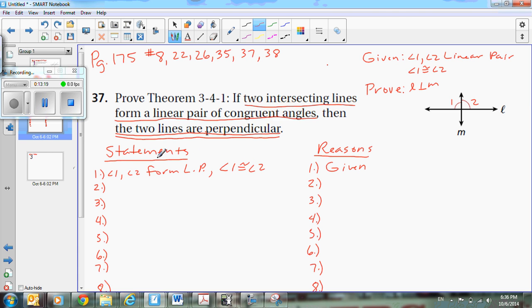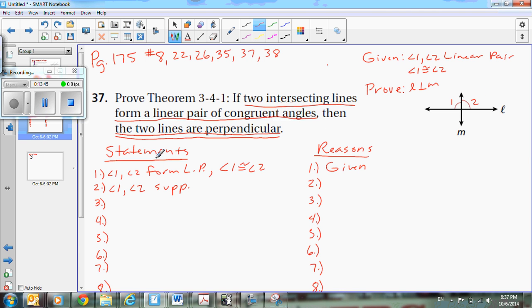Okay, now if angles 1 and 2 form a linear pair, then we have proved that angle 1 and angle 2 are supplementary. All right, look at your blue sheet and find a theorem that we have proved that backs that up. I'm going to leave that for you to do. Back up that if I know that angle 1 and 2 form a linear pair, how do I know that they're supplementary?